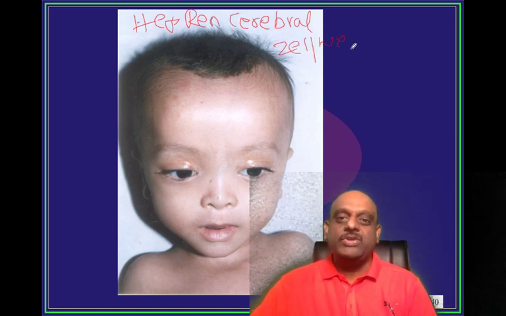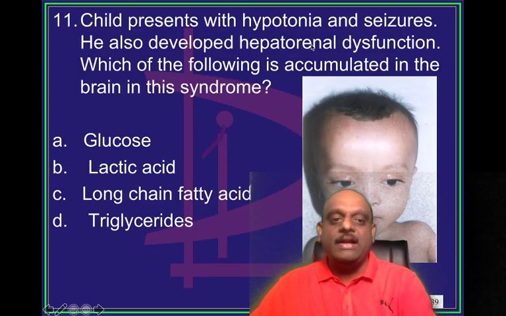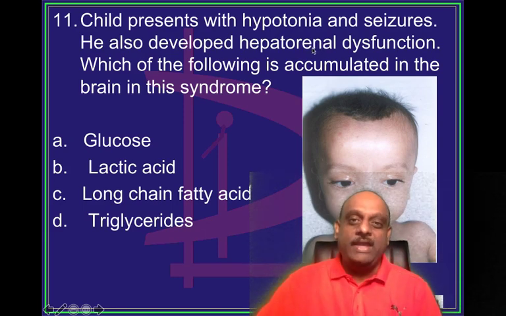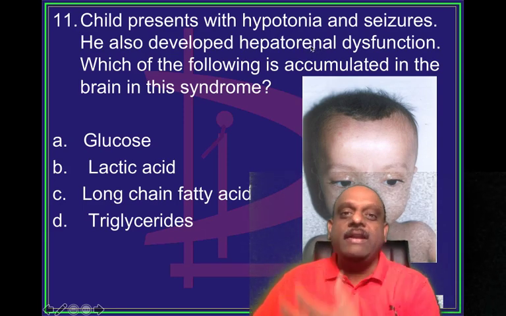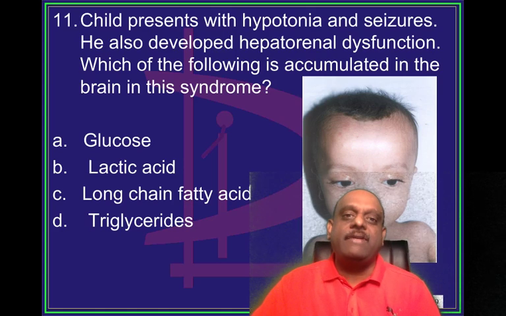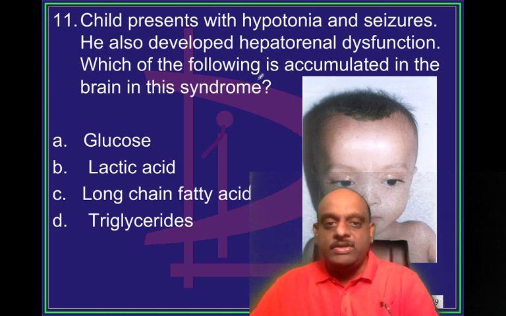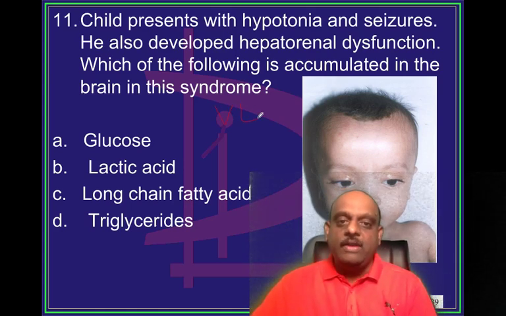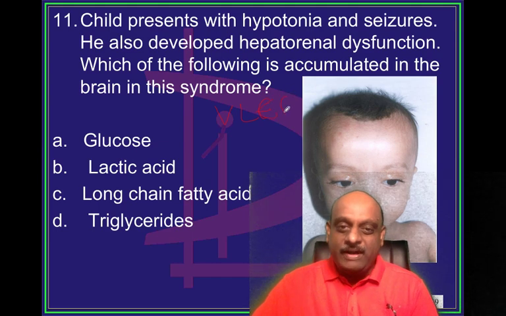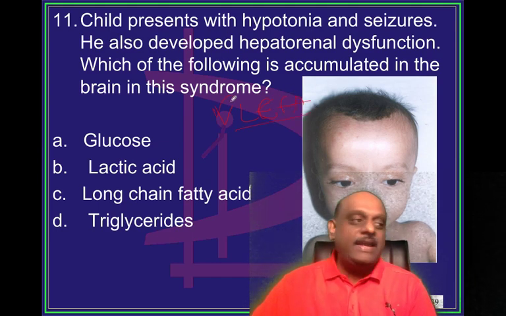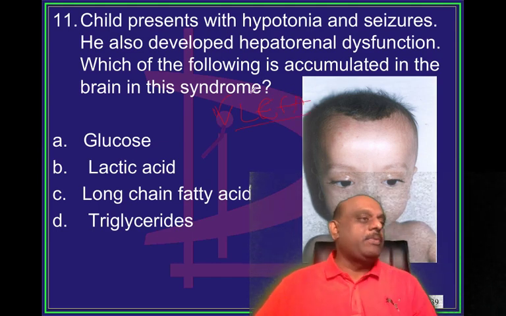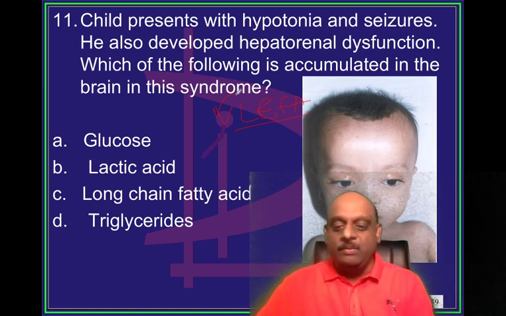Zellweger is what you need to remember, where the problem is there in the handling of the long chain fatty acids, very long chain fatty acids. What are very long chain fatty acids called? VLCFA, there is a problem in them. That is what you need to remember.